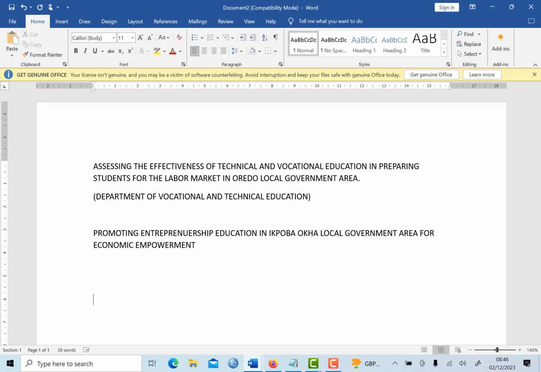The dependent variable is a variable you can use to test all the factors involved in the topic. In this now, the dependent is what? Economic what? Empowerment.